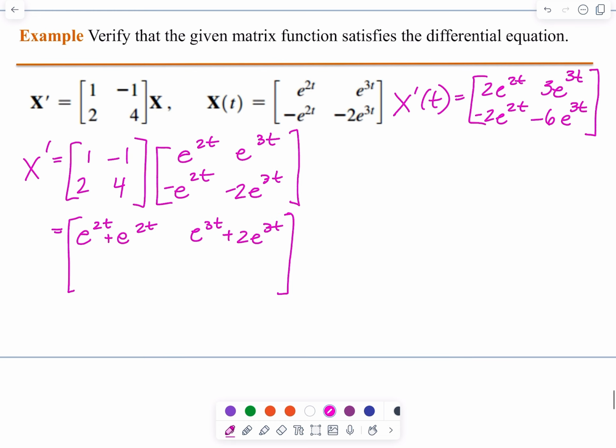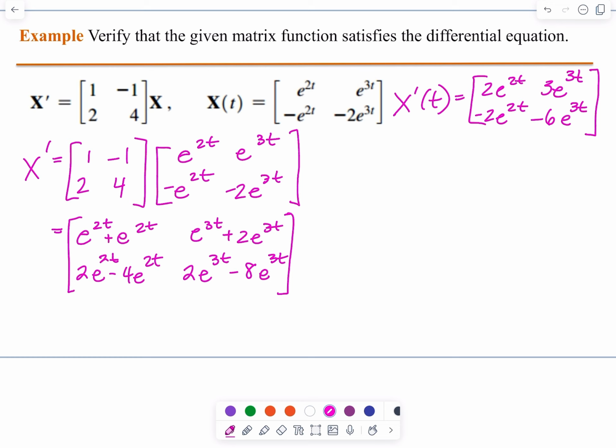And we have 2e to the 2t minus 4e to the 2t, and 2e to the 3t minus 8e to the 3t.